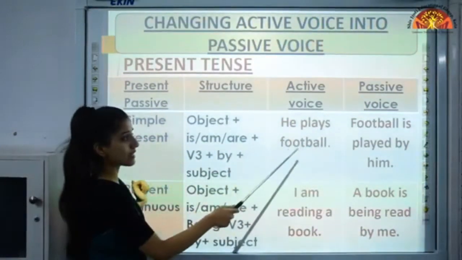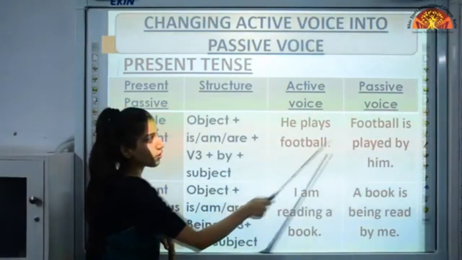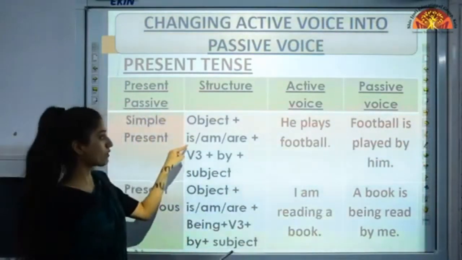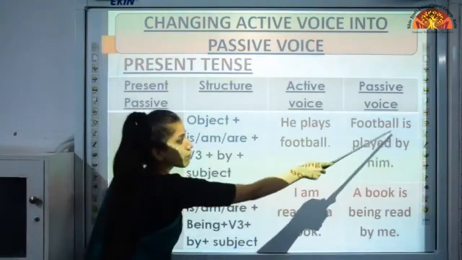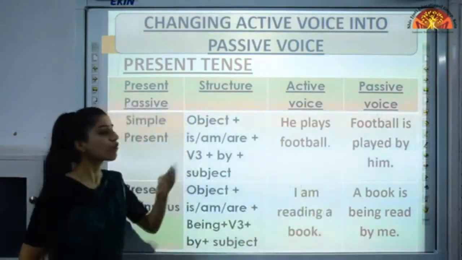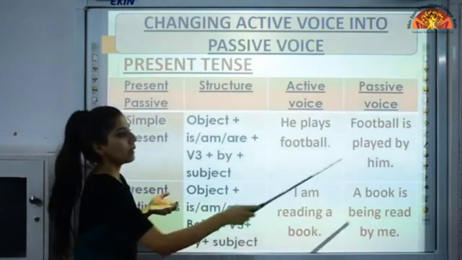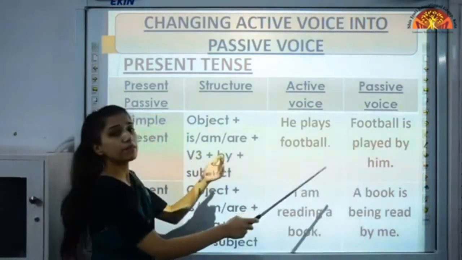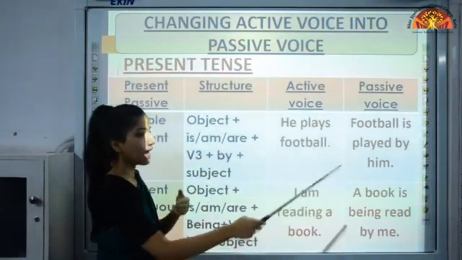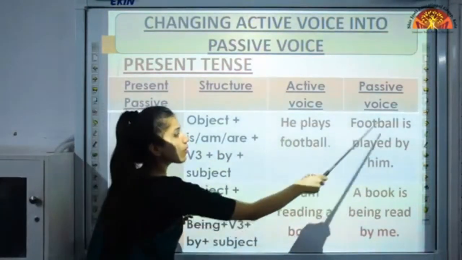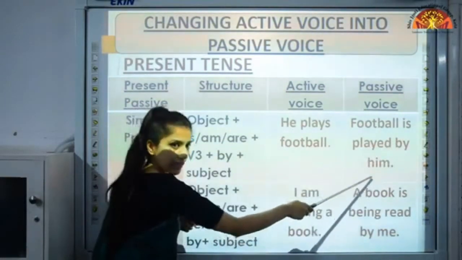So in this sentence, object is football, and football is singular, right? So what we will be using is, that is football is, and the third form of the verb. Now plays, third form is played. Played will be accompanied by the preposition by, and then he will be converted into him. So football is played by him.